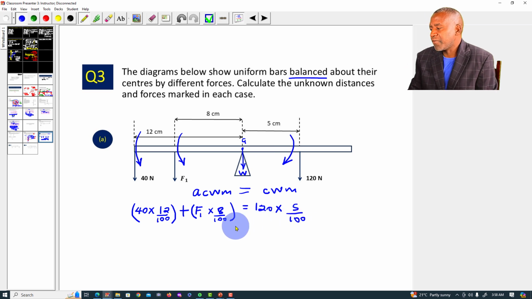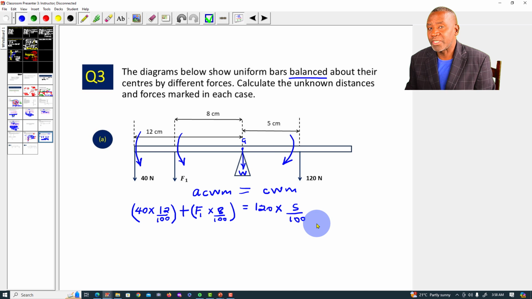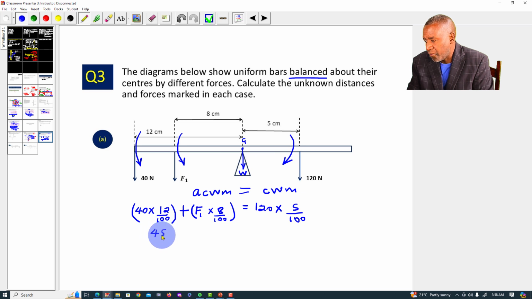And you can see if I multiply both sides by 100, this 100 will cancel out with this, and this one will also cancel out, and this one as well, so that I'm left with 40 times 12, which will be, I think, 480, plus 8F1 is going to be equal to, I think, 600.